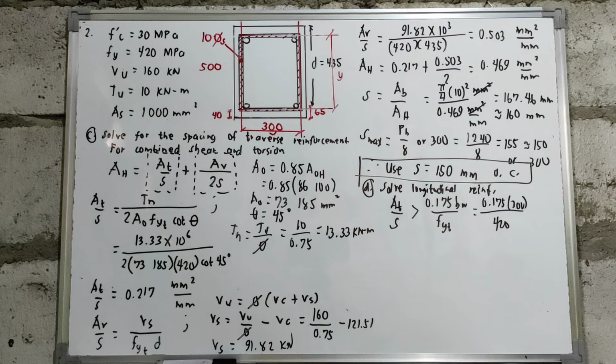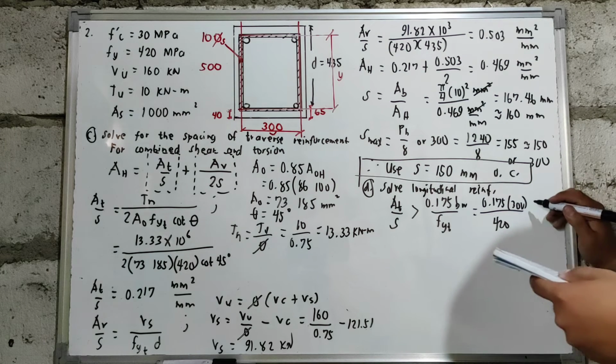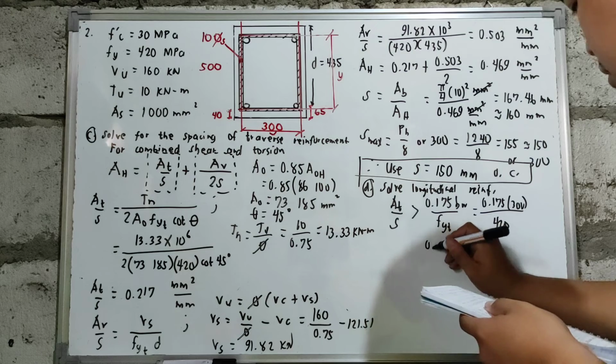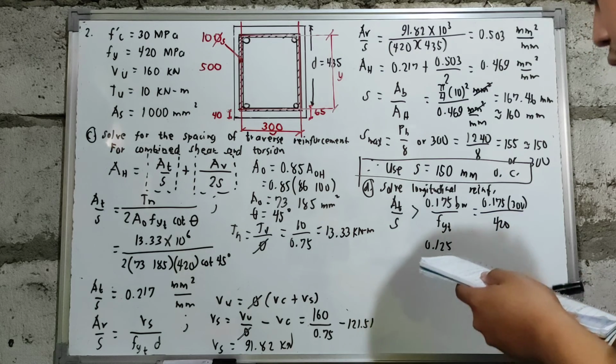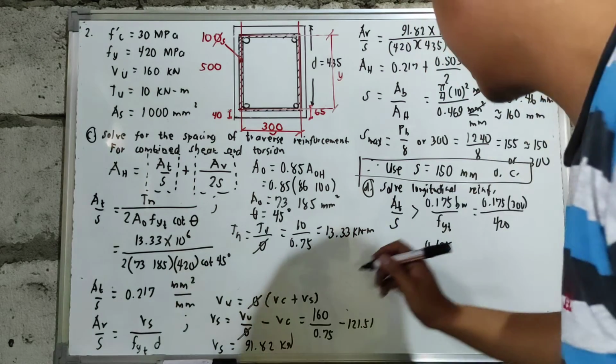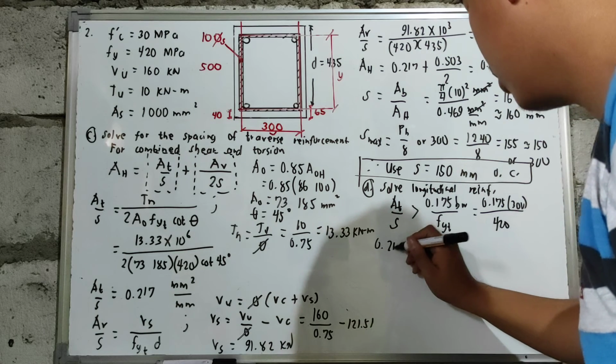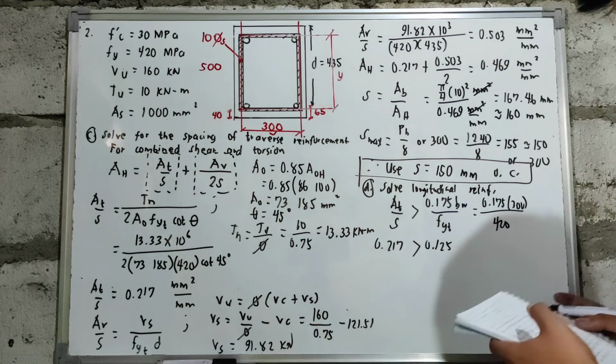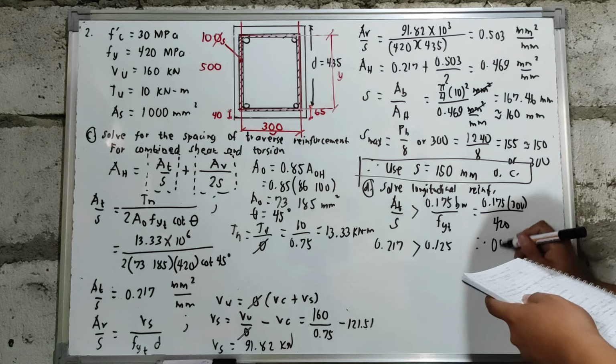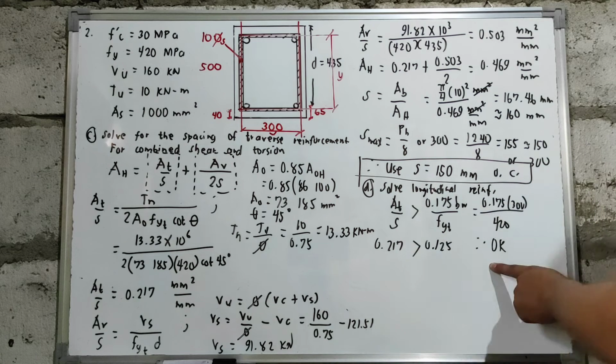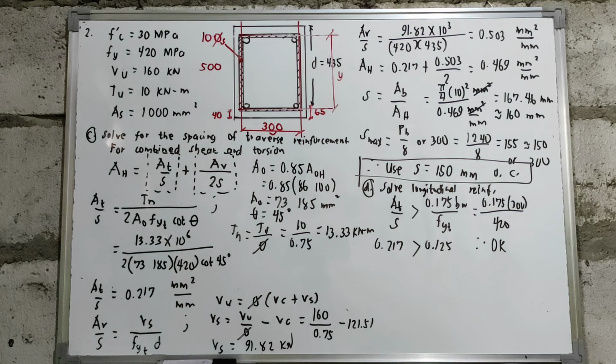You have a value of 0.125. If we compare that to our AT over S of 0.217, that is greater than. Meaning to say, our values are satisfied. So okay, we can proceed to our next step.